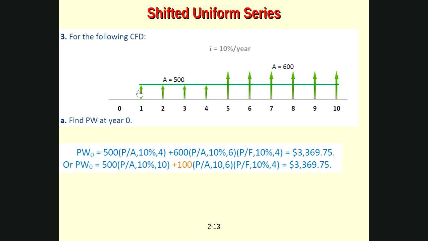So the years from 1 to 10 have 500. In addition, from year 5 to 10, you have an additional 100 in the cash value. I want you to guess now the approach that we need to solve the problem with, while I take the questions.